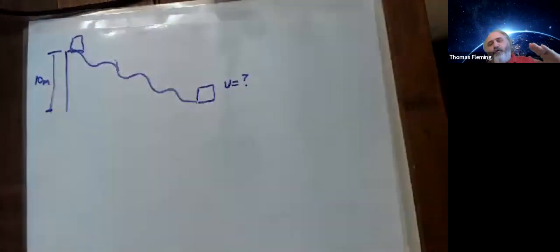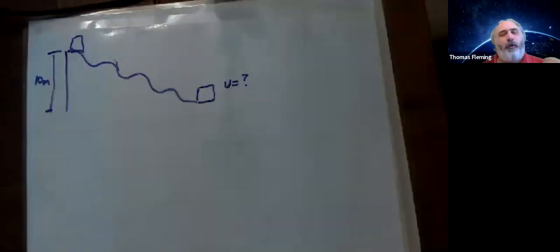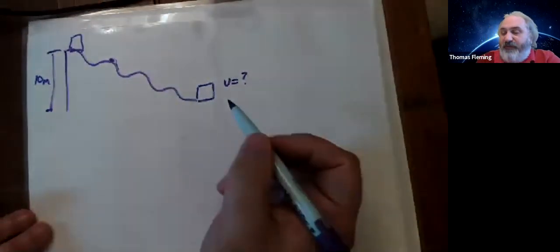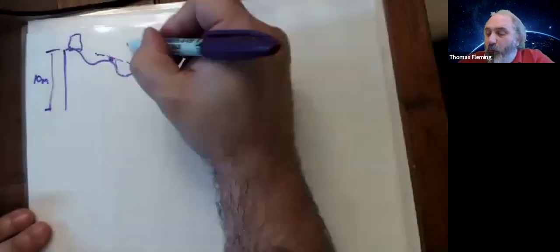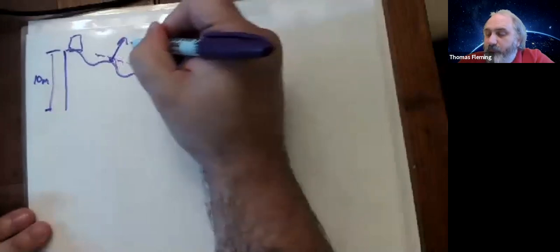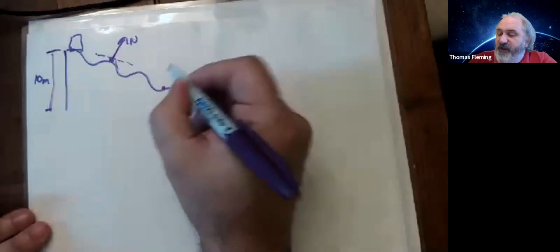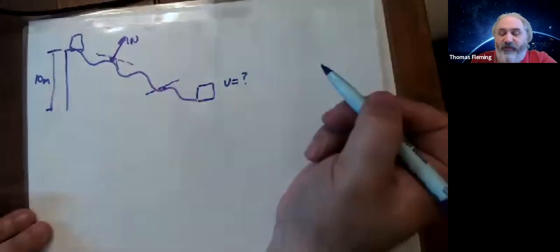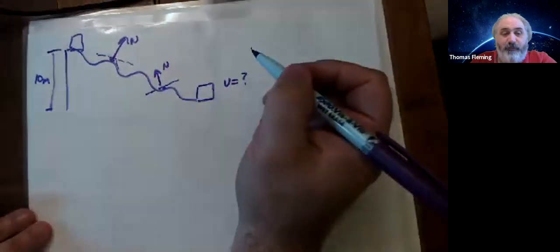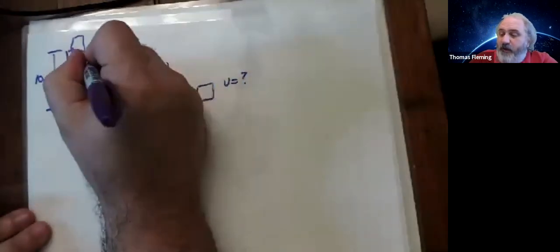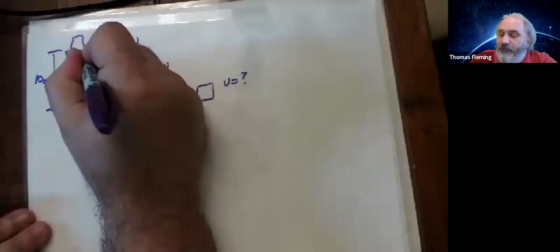Because for a curvy surface, the normal force is always perpendicular to a tangent line at that location. So right here, at that little bump, here's a tangent line. At that location, the normal force is going to point like so. But right here, the tangent line would be more like this. The normal force would point like so, a different direction. When I'm looking here, the tangent line points very much diagonal.